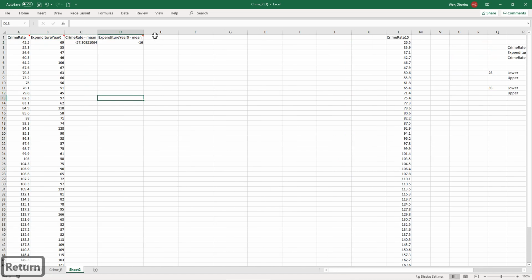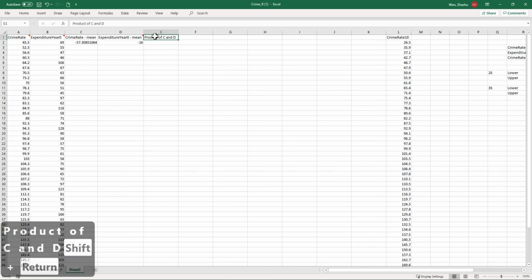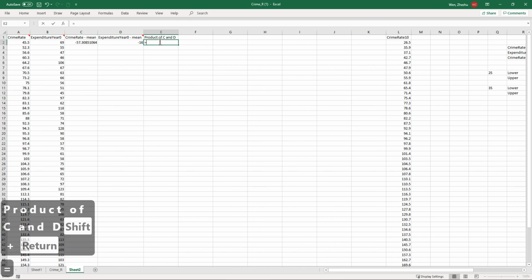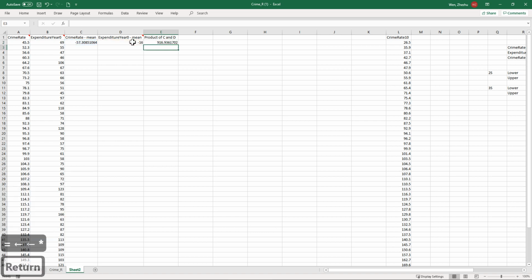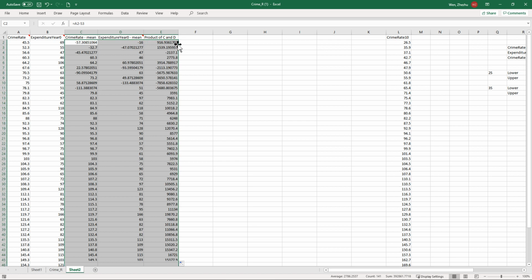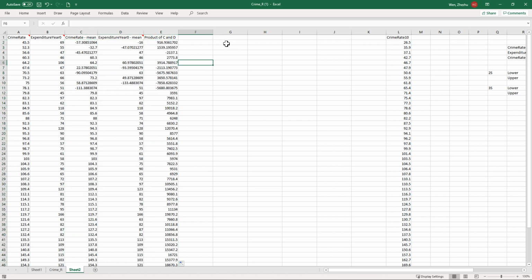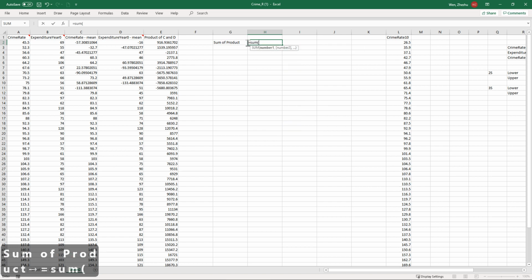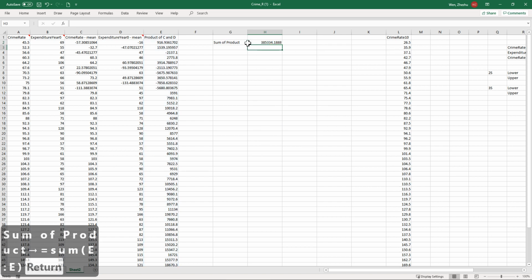And then what we do here is the product of C and D. All right, we're ready, we can just double click. And we need the sum of the product, which is going to be the sum of column E.